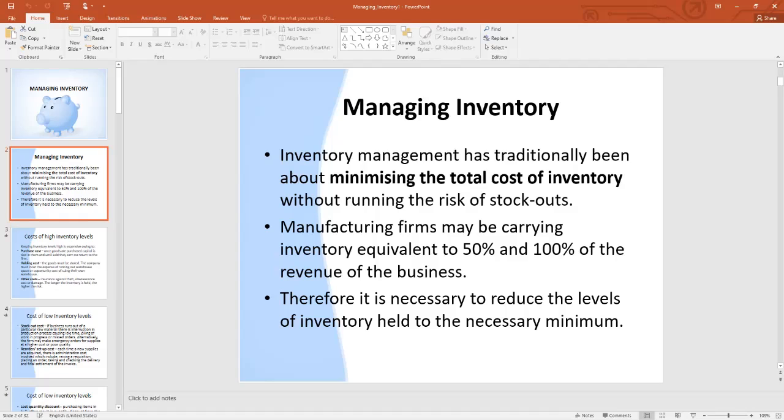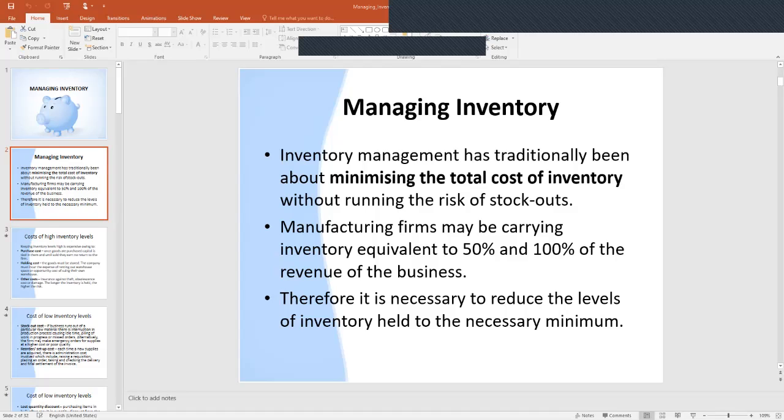Don't forget, if you are a firm involved in manufacturing, where you have work in progress, finished goods, and raw materials, then the bulk of your current assets may be in inventory. The bulk of your working capital investment may be towards inventory, which implies you have to be very careful.